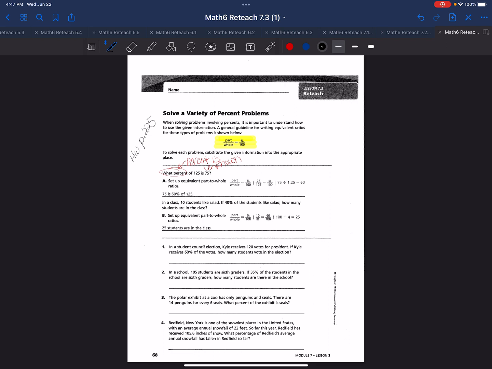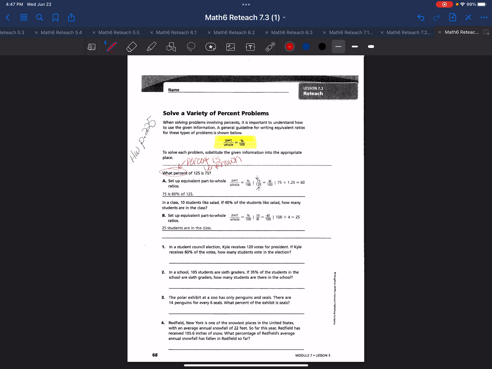So as we do this, we do part over whole equals percent over 100. Then we go ahead and read our question. What percent of 125 is 75? So we do the part over the whole, and then we ask ourselves, as we're setting up a proportion, 125 divided by what is 100?